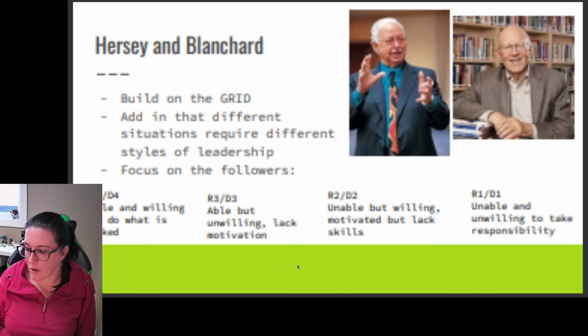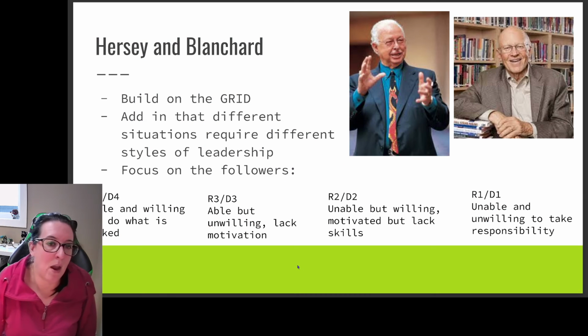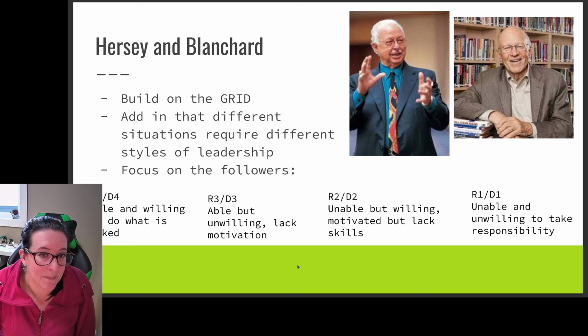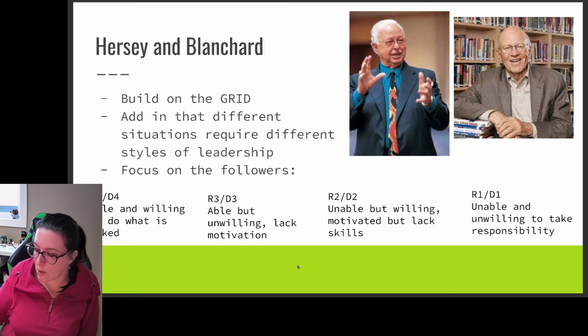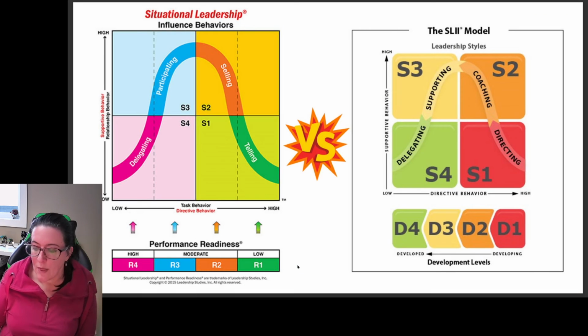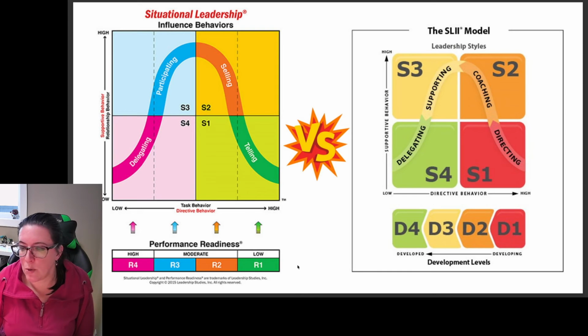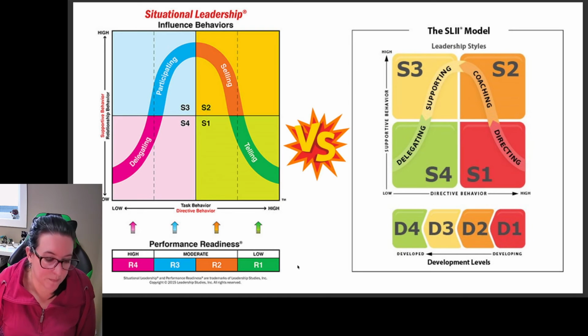So if we look at R2 or D2, they are willing, so they're motivated, but they lack the skills. So if you have motivated workers, but they don't have the skills, then according to Hersey and Blanchard, you should be using more of a selling approach if we're using the original language, or a coaching approach.